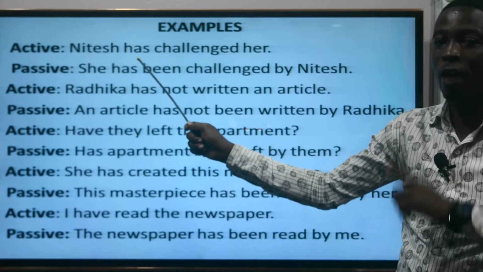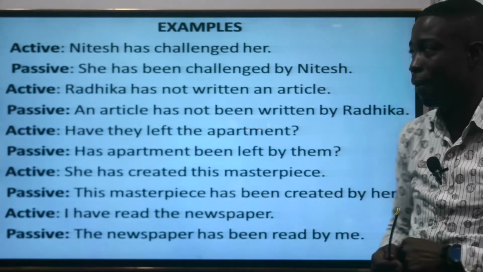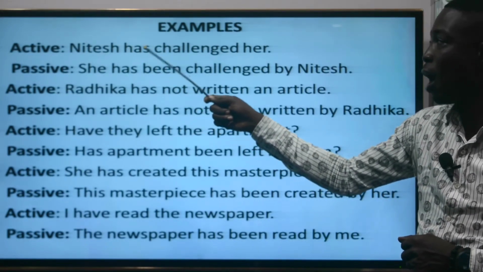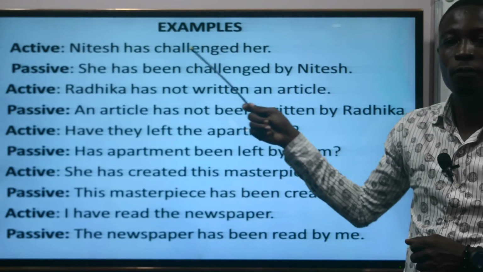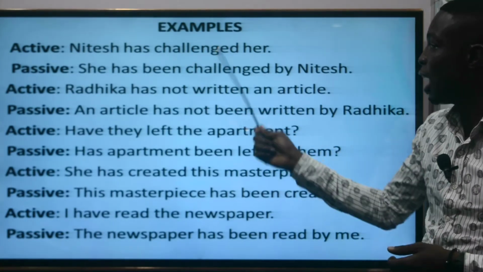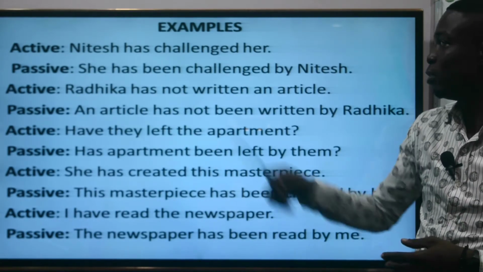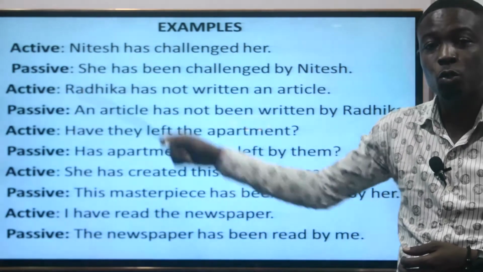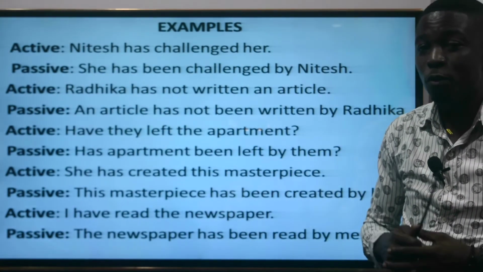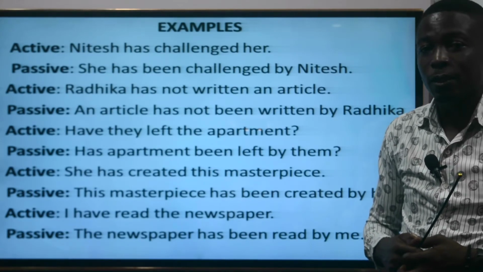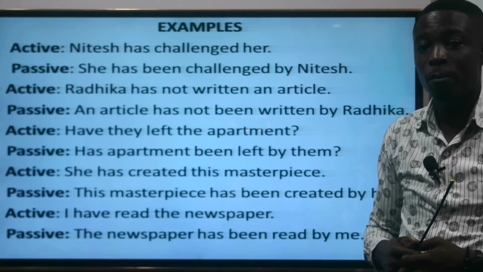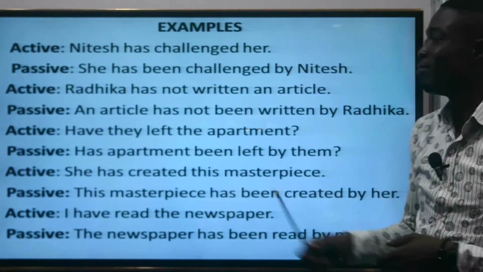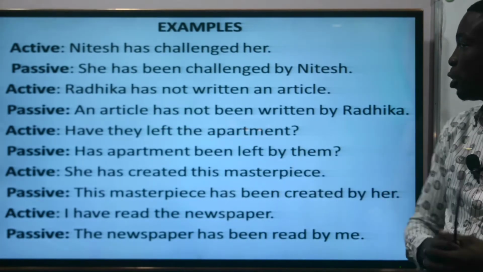We chose has over have because Nitesh is singular. And like I said earlier, has or have is always followed by V3. So challenged her. So when her is taking the position of the subject, it changes to she. Don't forget when we learned the subjective form of the pronouns and the objective forms of pronouns. All right, so she has been challenged by Nitesh.